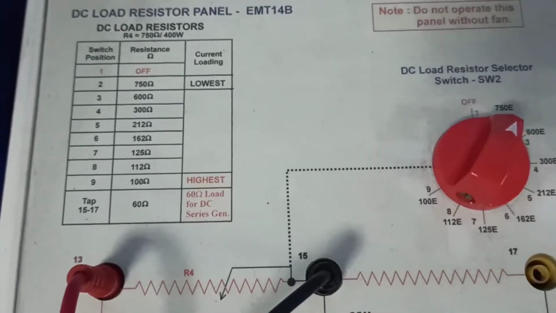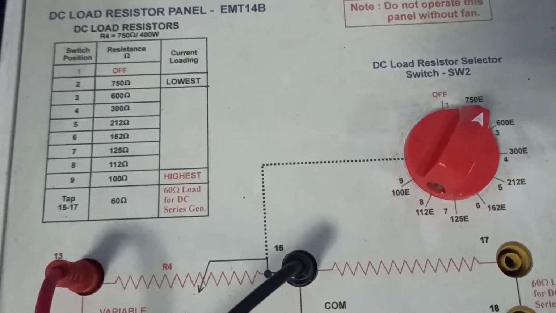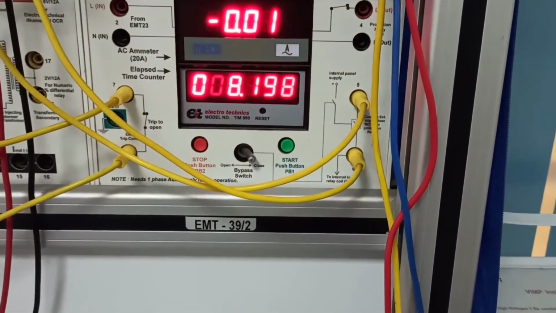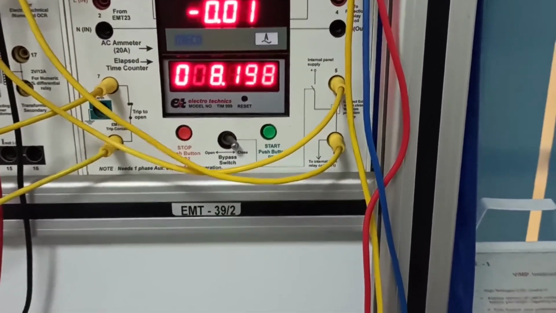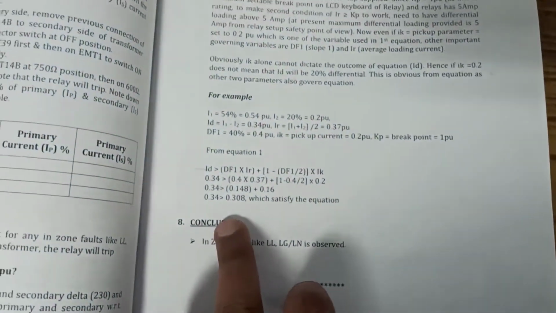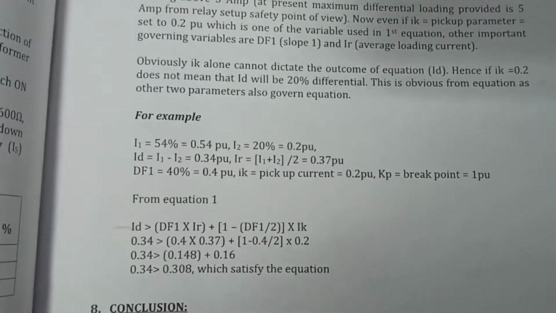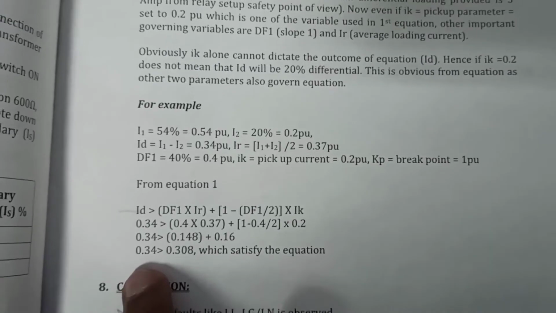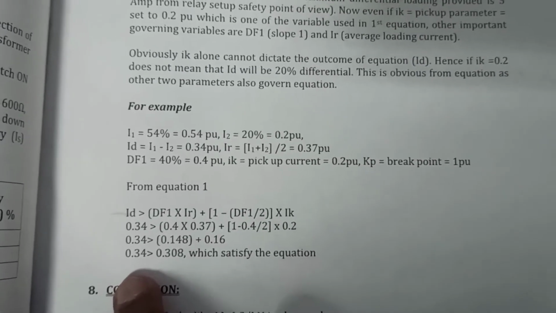So 750 is the value at which we have taken this reading. You can take the reading of the time also. So 8.198 seconds it took for operation. And you can perform the calculation using this example calculation. So you can calculate your ID and other parameters for the experiment.